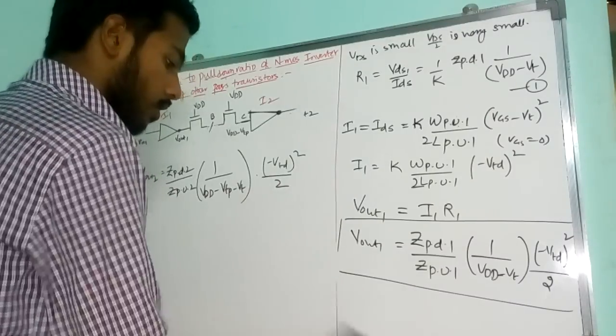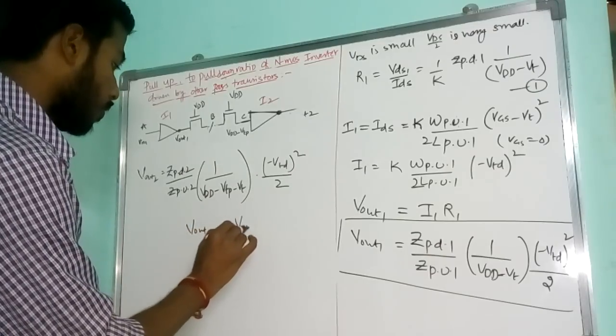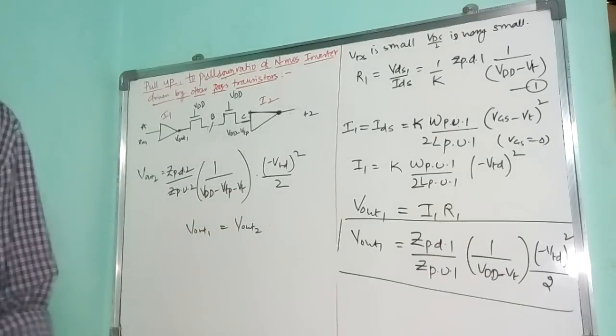As per my assumption, Vout1 should be equal to Vout2.